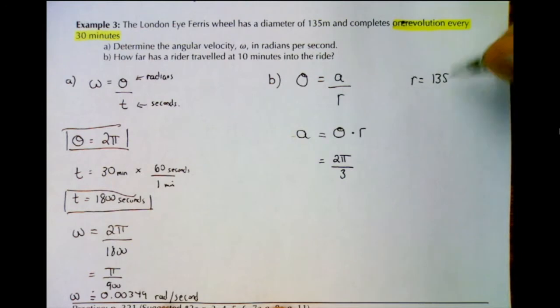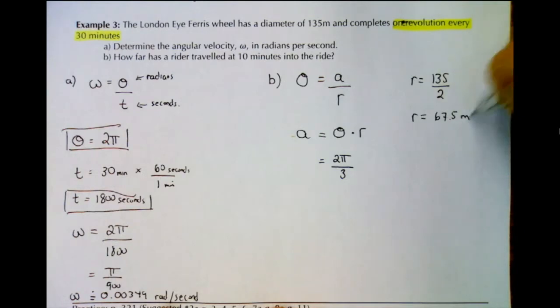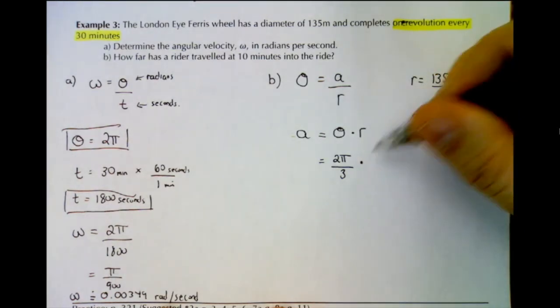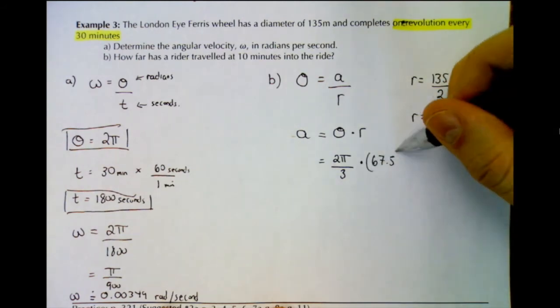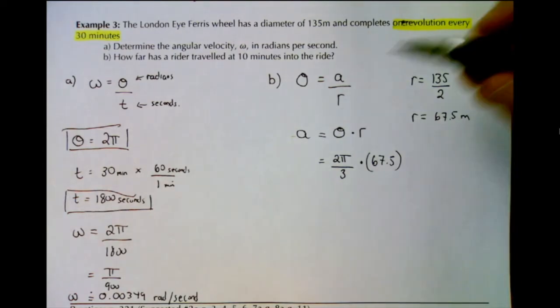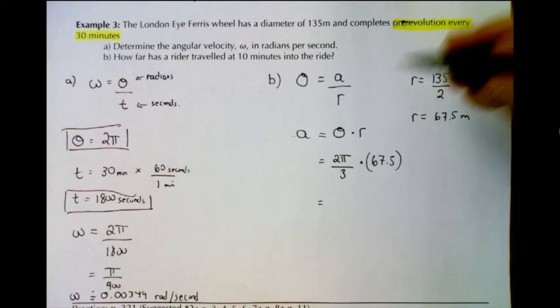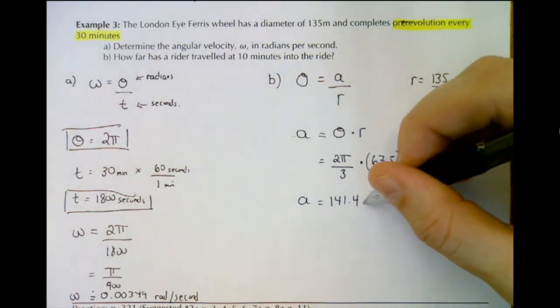The diameter is 135. Divide that by 2, you get 67.5 meters. So it's 2 pi over 3 times 67.5 meters. And that will help you find your distance. And in this case, our distance, or our arc length, is 141.4 meters.